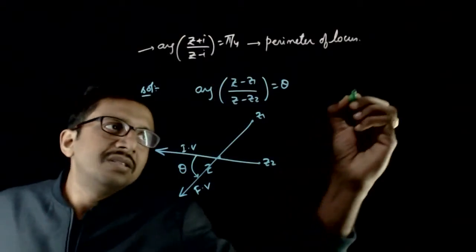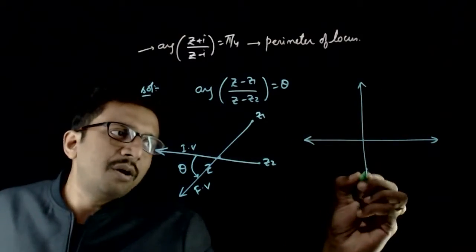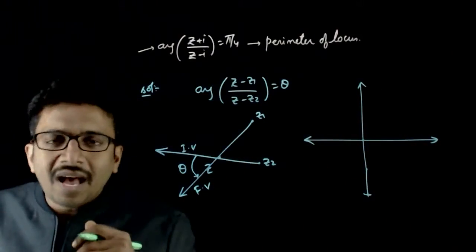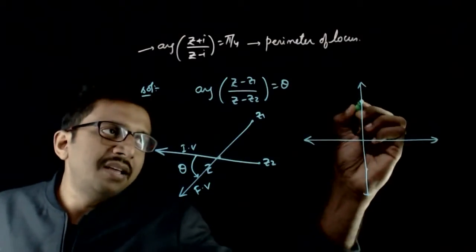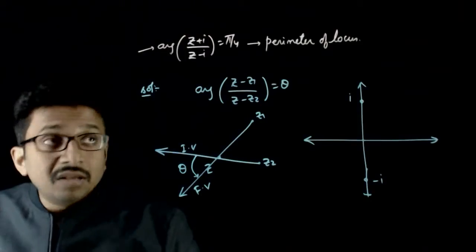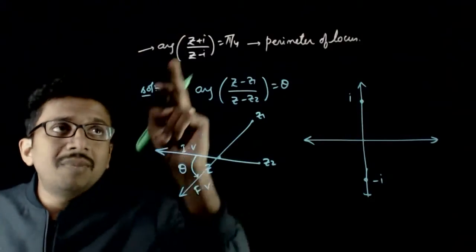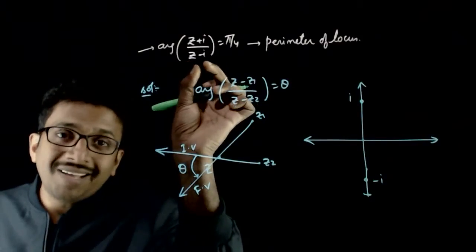What does this mean? This equation means argument of (z plus i) by (z minus i). So you have two vectors, i and minus i. What is my z doing? What is the initial vector? The initial vector is the vector joining i with z.